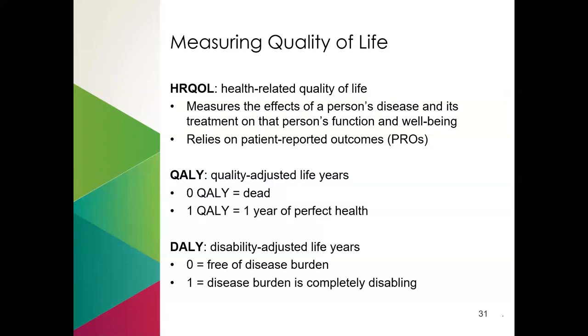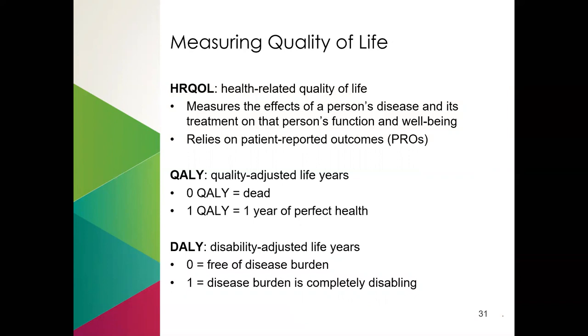So health-related quality of life is a way to quantify a person's well-being and the effect that a disease or treatment can have on a patient. So coming up with the actual value on it relies on patient-reported outcomes because it's all about what the patient is feeling and how their life is, not just their health measurements.